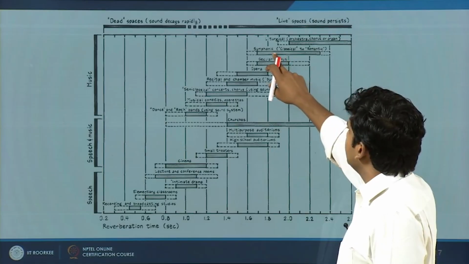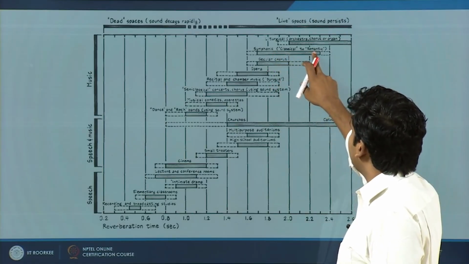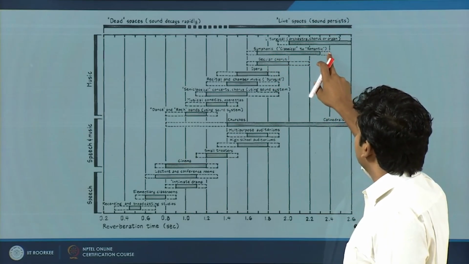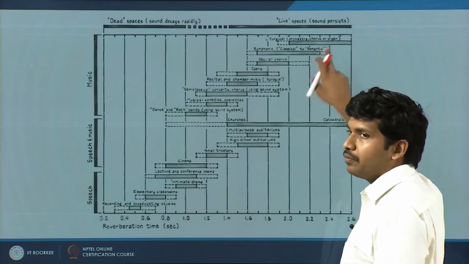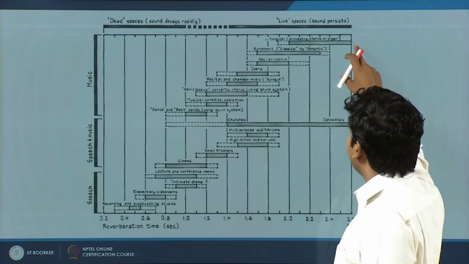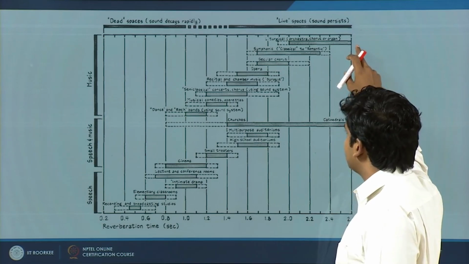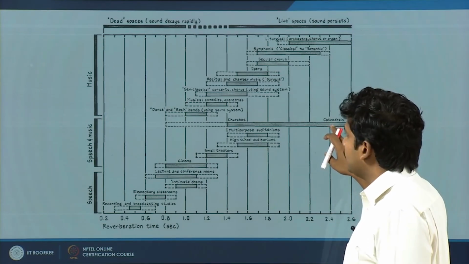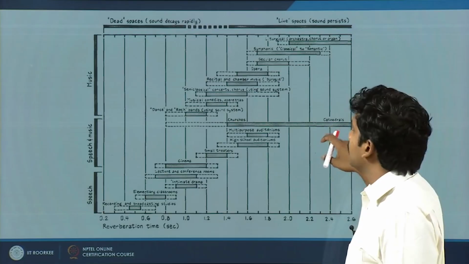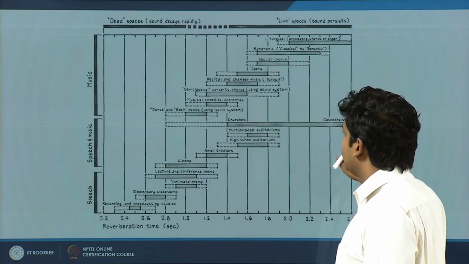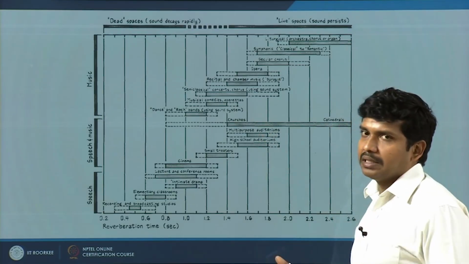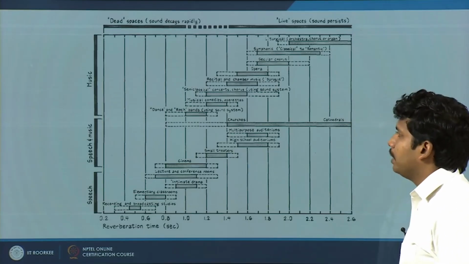If you look at it, symphony for classical to romantic, then the reverberation time is different. Orchestra, chorus and organ, when organ pipes are used, you will need really high reverberation time. You also see in cathedrals, you also have organ pipes, choirs performed, you will essentially need a higher reverberation time to appreciate the music better.